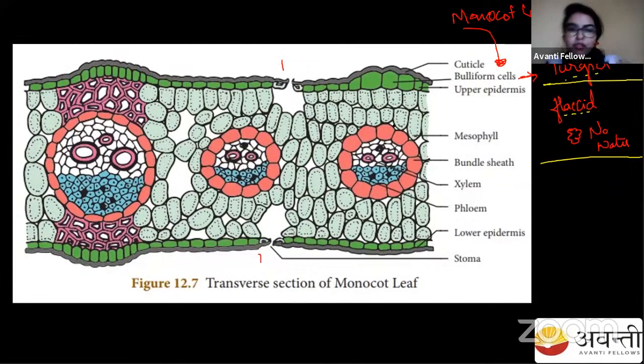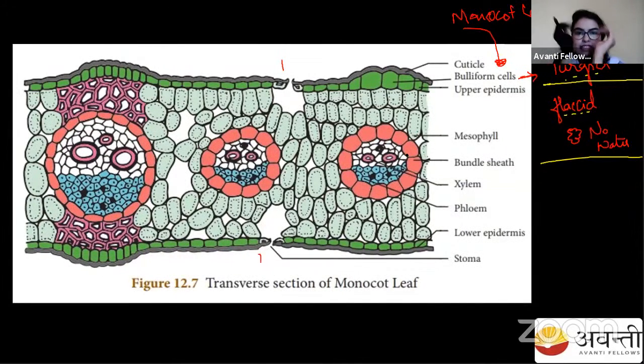So what is the function of bulliform cells? When there is enough water in the leaf, the cells will bulge and the leaf will be completely open. When there is a scarcity of water, take the example of summers, when there is no water and very high heat and sunlight, these bulliform cells will lose the water and the leaf will roll like this.